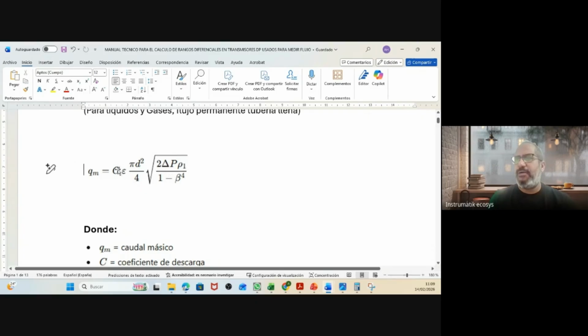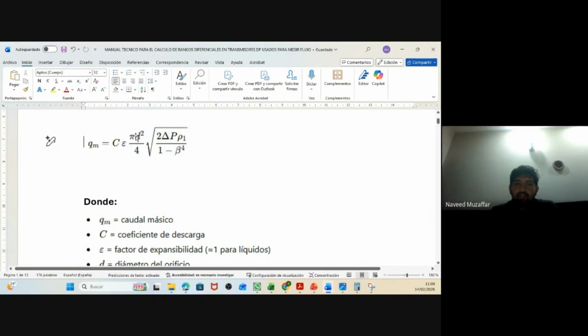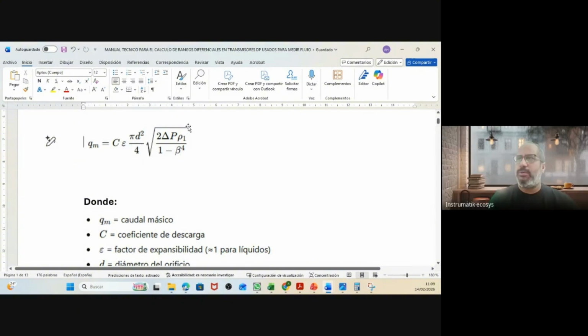This is a discharge coefficient. This is an expansibility coefficient. This is, you have to calculate the area. This is the area calculation. And this square root is just to calculate flow using DP, delta P, and density.